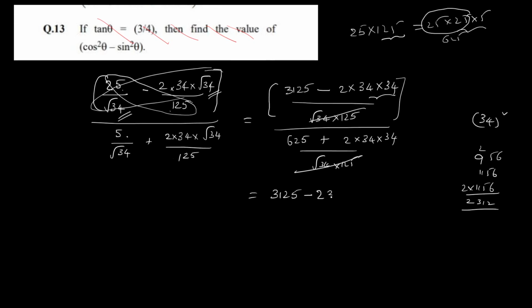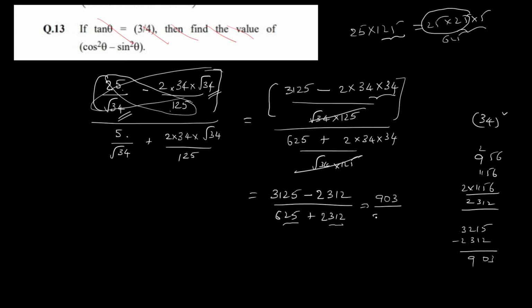So 2312 by 625 plus 2312, so that will become 3125 minus 2312, 813. So 903 by 312 plus 625 will become 937.